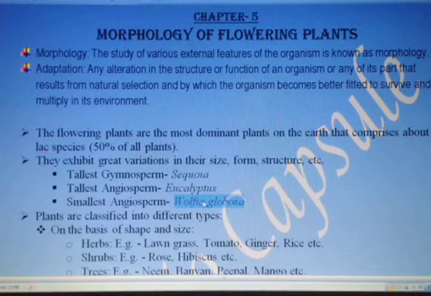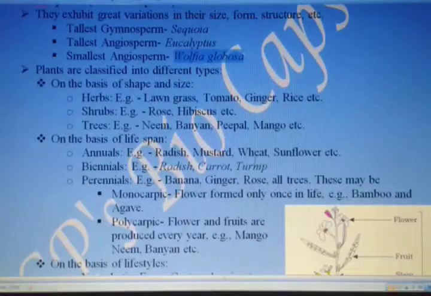Now the plants can be classified into different types on different characteristics, or on different bases.